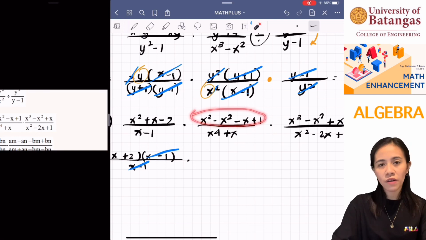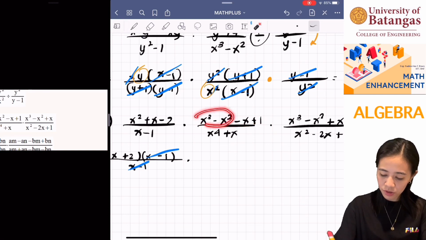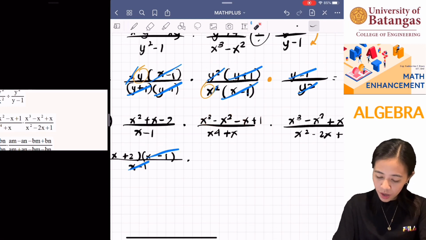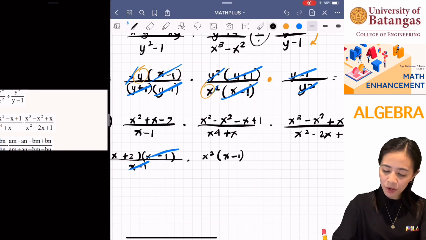Okay. Let's do this, since ito ay multinomial, by factoring by grouping. So, pwede kong i-group ito, tapos ito. I can factor out in the first group x squared, and then that would be x minus 1. Para mapalabas ko yung x minus 1 in the next term, kailangan ko mag-factor na negative 1.